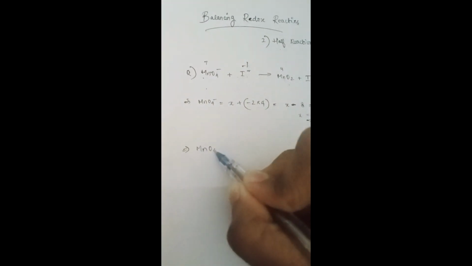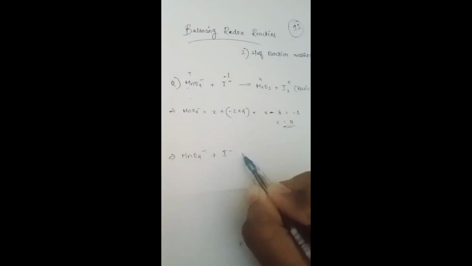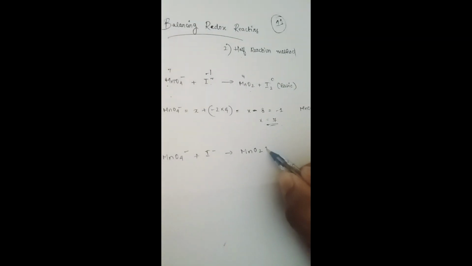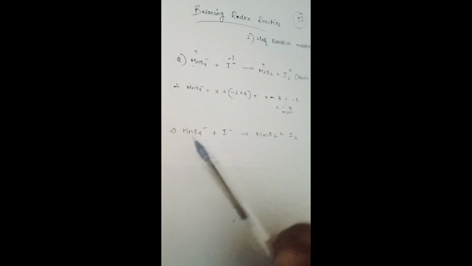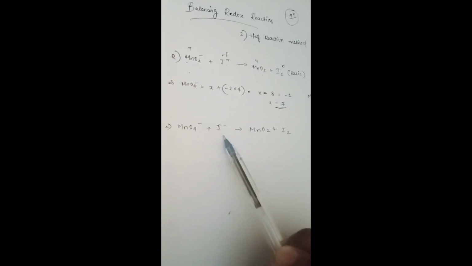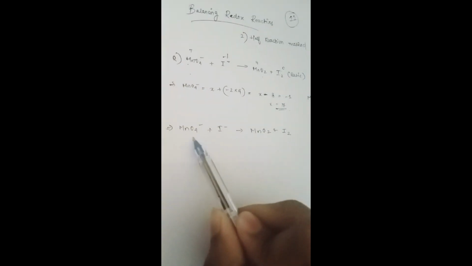Let's rewrite this equation once again: MnO4 minus plus I minus gives us MnO2 plus I2. We need to find by how many electrons Mn was oxidized or reduced, as well as iodine.